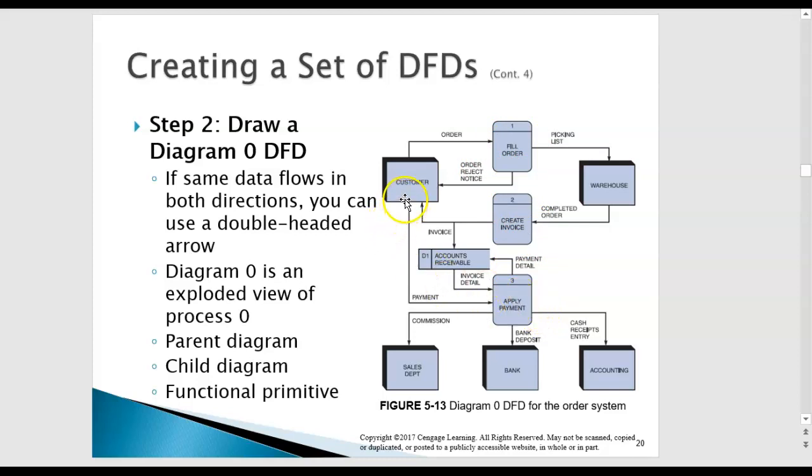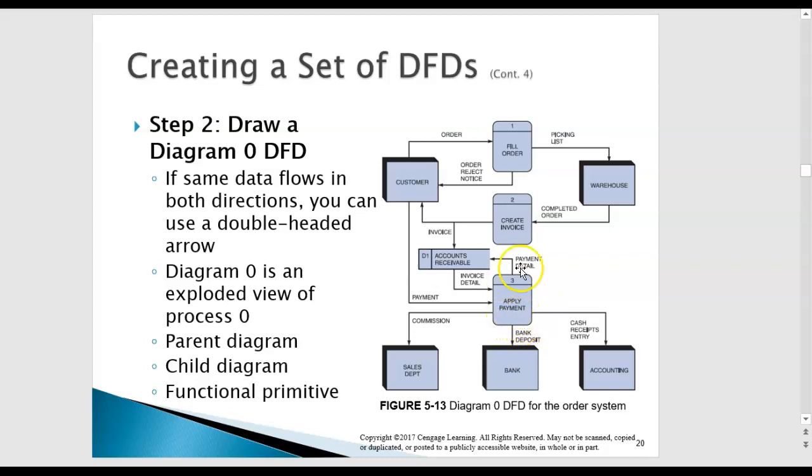Also, you'll see that in the context diagram, the external entities were all communicating with the order system. Now that we have broken down the order system process into sub-processes, different entities are going to be communicating with different processes. So the customer communicates with the fill order process, and the sales department is communicating with the apply payment process.